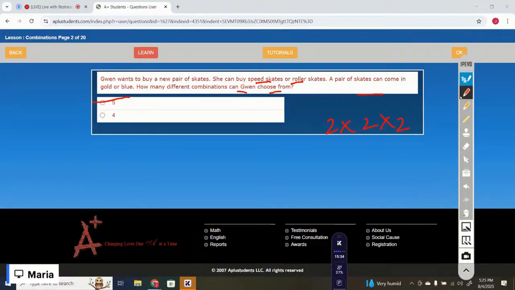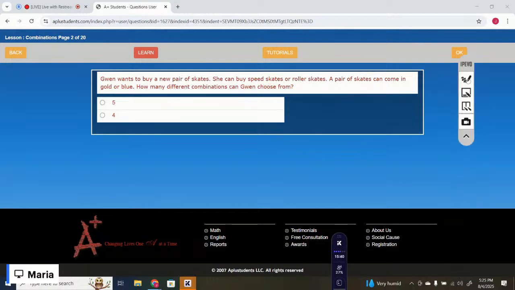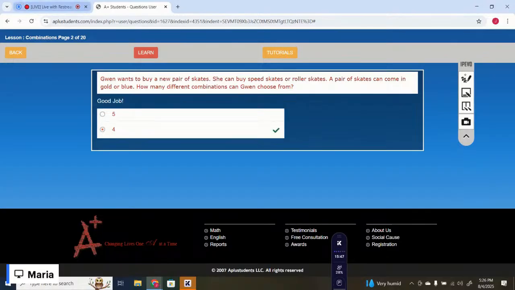She can buy speed skates or roller skates. So, two options here. A pair of skates can come in gold and blue. So, that is 2 times 2 is 4. Option number 2 is the correct option. That is 4.